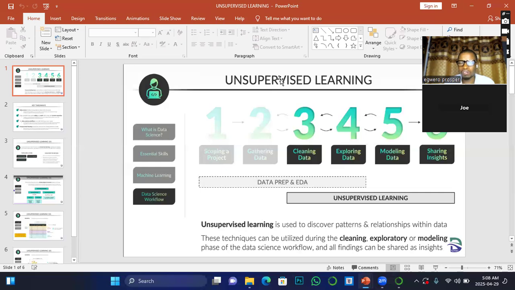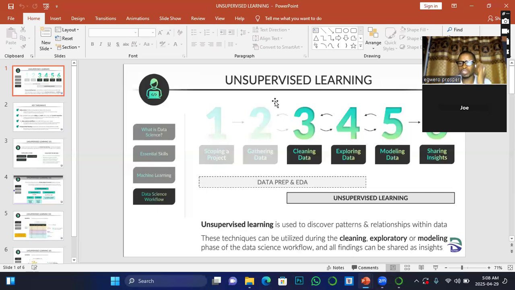You understand? I also said that unsupervised learning falls under data cleaning, because that is where you learn how to engineer the entire data given to you for you to be able to perfect it before passing it into a predictive analytics model.